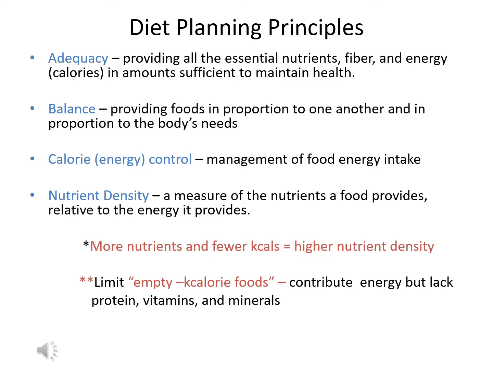As an example here, if we were to compare a serving of chocolate milk versus a serving of skim milk, which one is going to provide you with more calories in comparison to nutrients? Well, obviously, the chocolate milk is going to be higher in calories than a serving of skim milk. Because of that, we're going to assume then that the skim milk is going to be more nutrient dense. You get a larger amount of nutrients compared to the amount of calories.